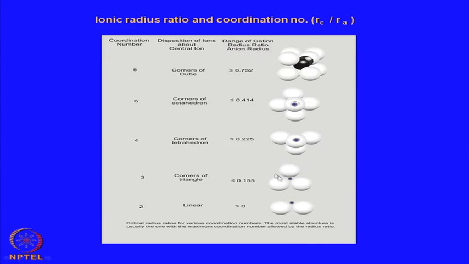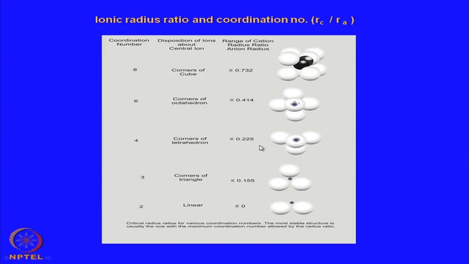Whereas, if it crosses this particular critical value 0.225, then the threefold coordination will no longer be stable, it will convert to a fourfold coordination, which we have discussed as tetrahedral coordination. So, this is fourfold coordination.